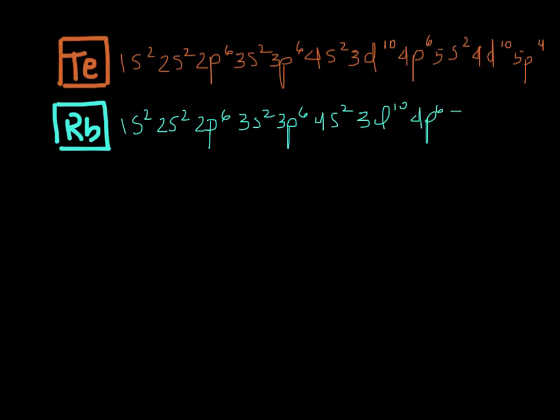But now I get to the 5th period, right? The n equals 5, and the s is only 1 right here. So right here is when we eventually see a difference between the orbitals, but before, isn't all of this up to here exactly the same?